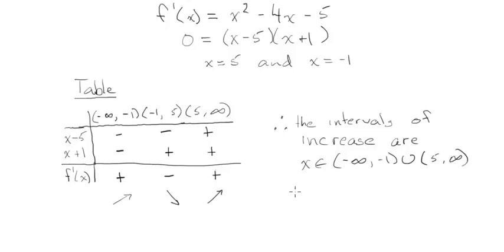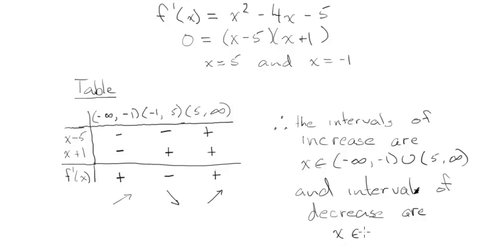And then the interval of decrease, just say interval because it's just the one interval for decreasing. This one would be the one where it's negative, so -1 to 5. So that's how you use a table.